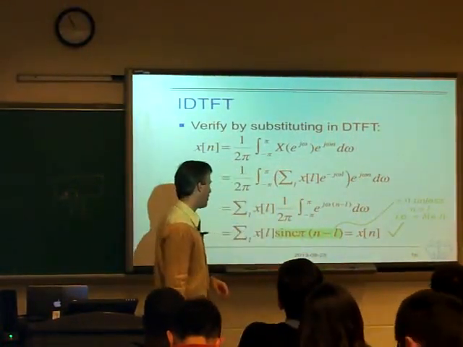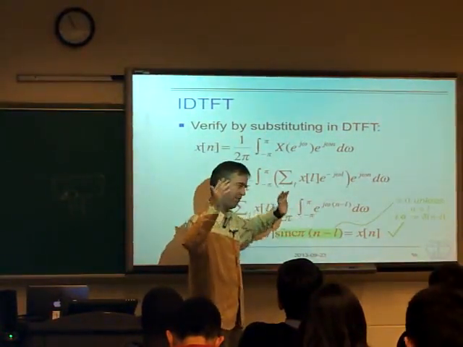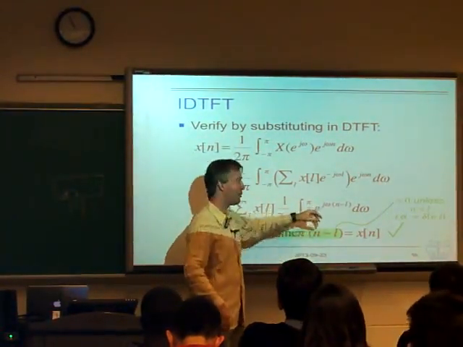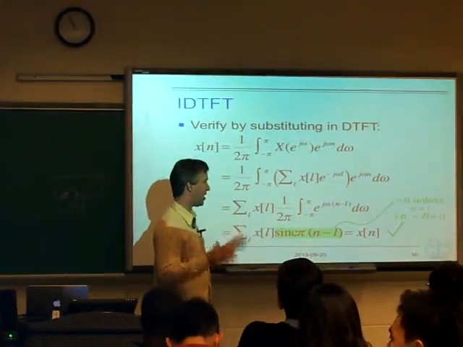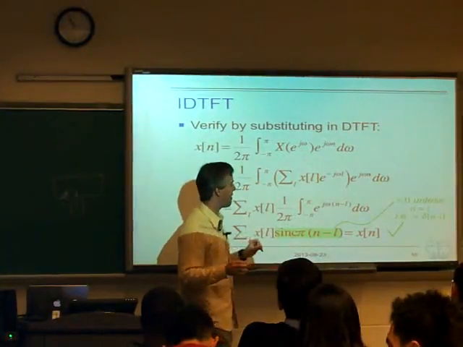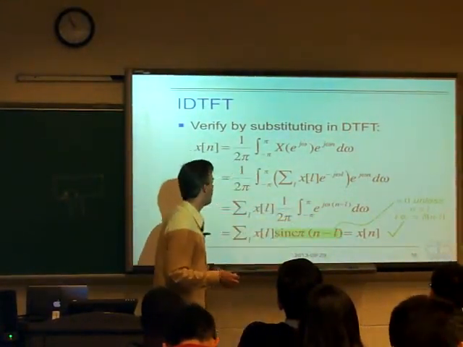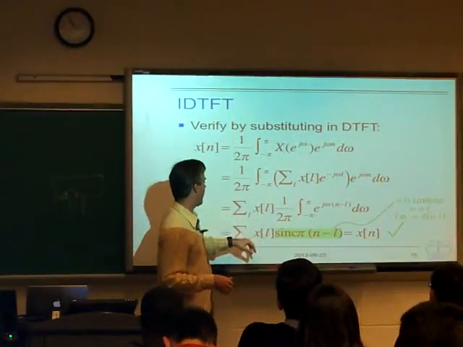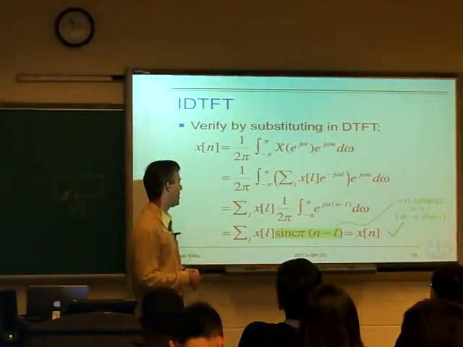So it's the same thing we saw before: it's an integral over a whole number of cycles of a complex sinusoid, which is going to be 0 unless this thing is 0 itself, in which case it'll be 1. So it gives us x of n, because this thing is only going to be non-zero when L equals n.